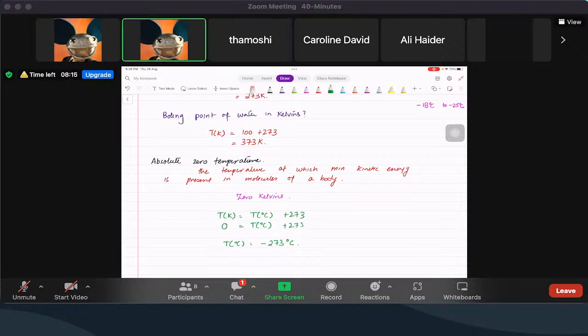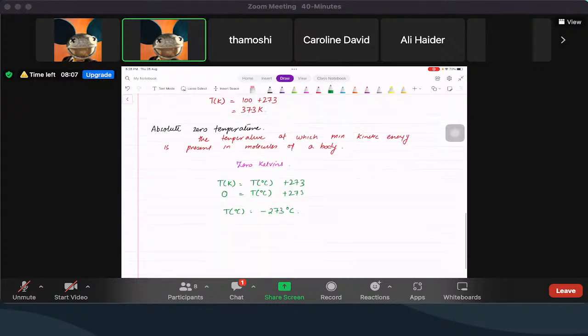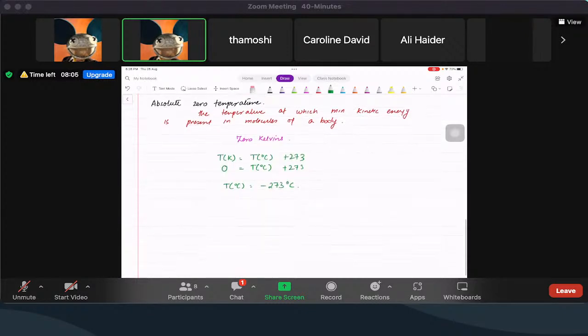All right, now let's move forward. Now we are going to go towards gases and their behavior. Before that we should move towards Brownian motion.